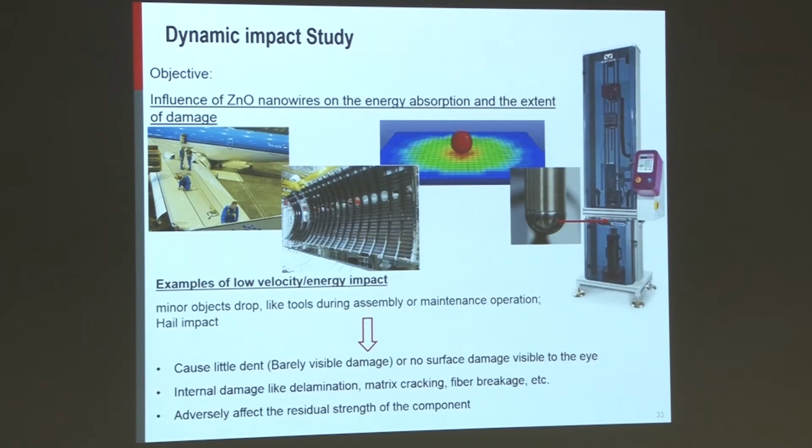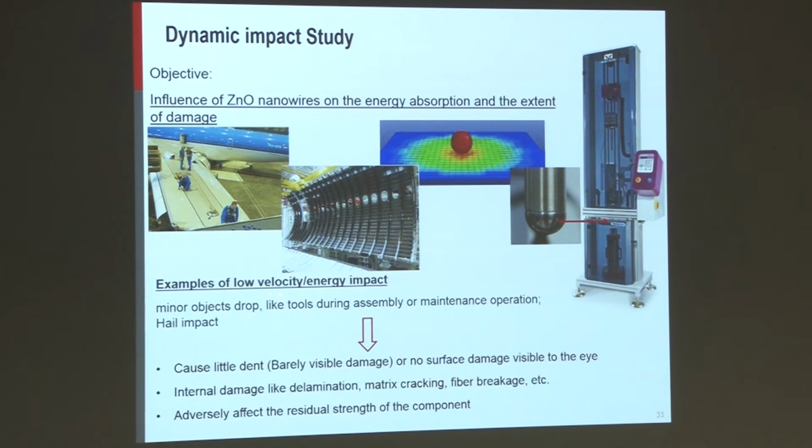With this at hand, we wanted to see whether these can be used to mitigate impact damage, especially low energy impact like a tool drop on the structure. It's very important, especially around the cutouts, to improve that interlaminar behavior, because that can cause high stresses at those regions. So we did some tests using a drop tower for low energy impact.